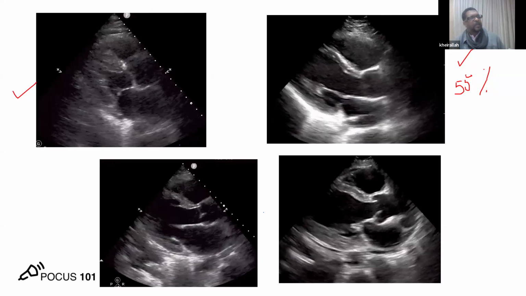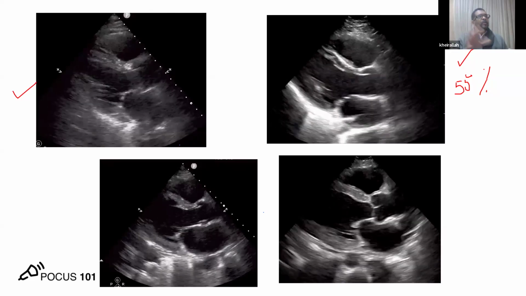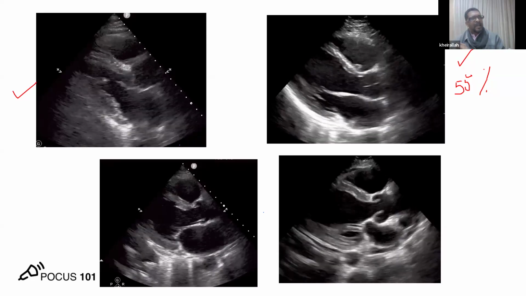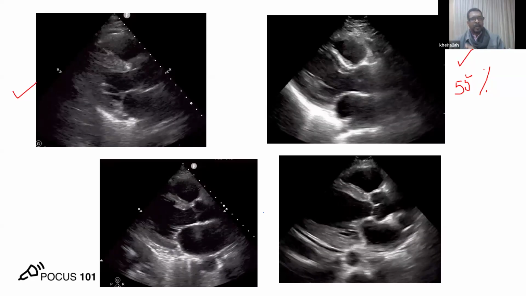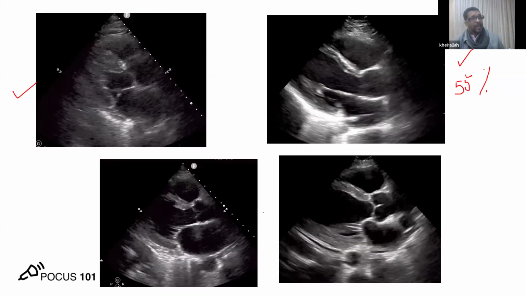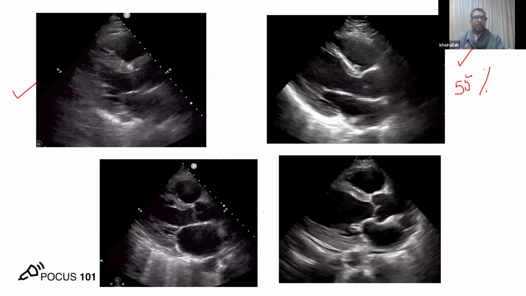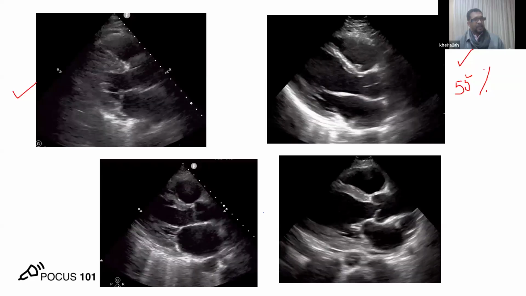It needs experience. Usually we better go by objective ways of assessing the LV function, like biplane Simpson methods and so on. It's always better to be more objective than subjective.